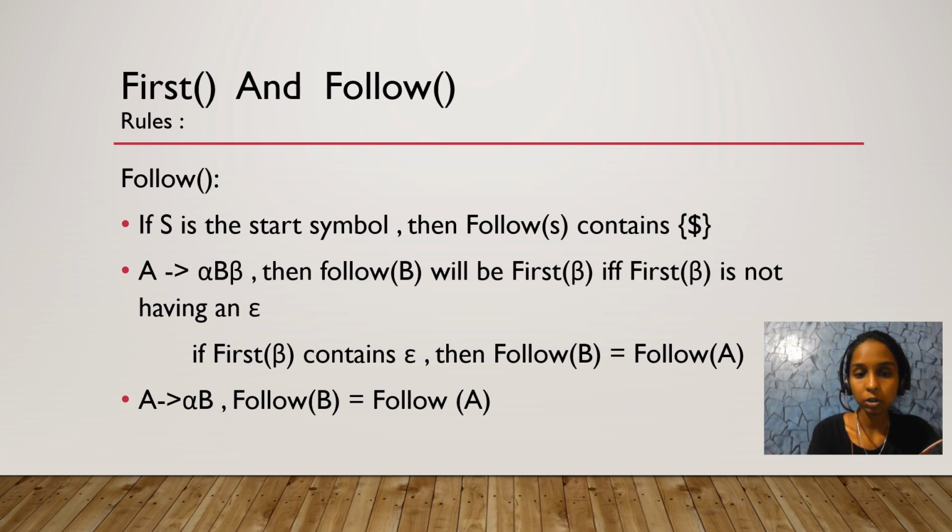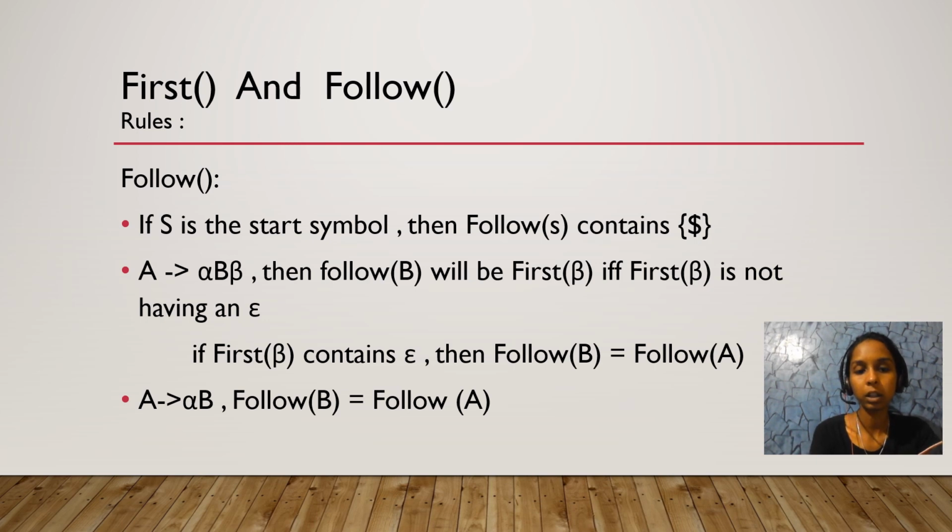If first of beta contains epsilon, then follow of B will be equal to follow of A. Epsilon is nothing but empty, so after B there will be no symbols, and follow of B will be equal to follow of A.